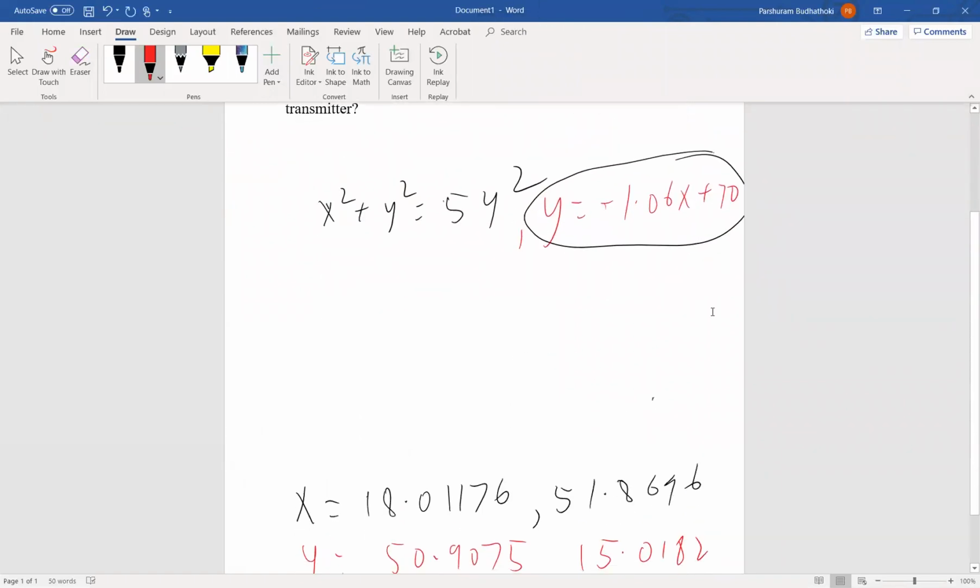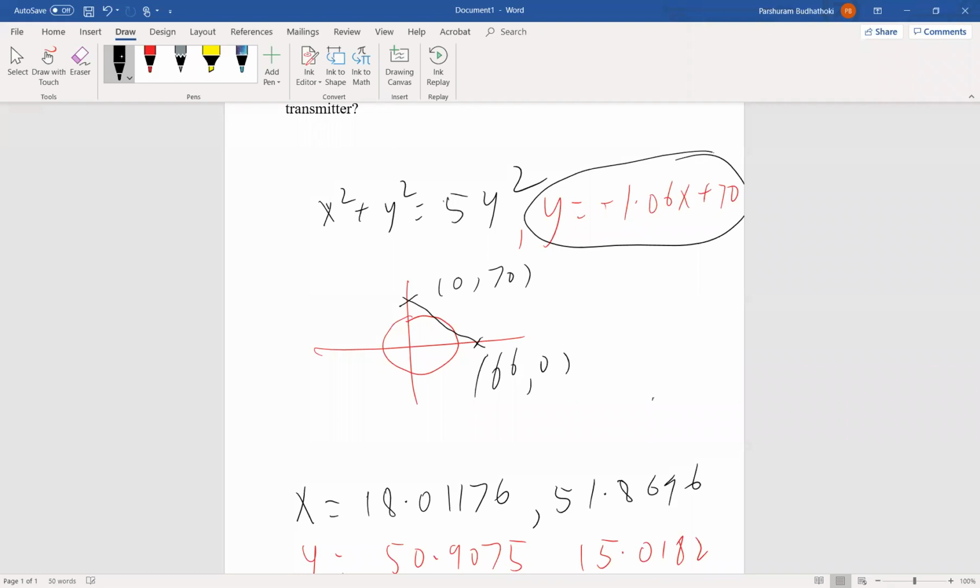Let me go back and draw the picture. This was the picture, and these are the 2 points, (0, 70) and (66, 0), and we're looking for these 2 other points. The x coordinate for the first point is 18.01176, and the y coordinate is 50.9075.